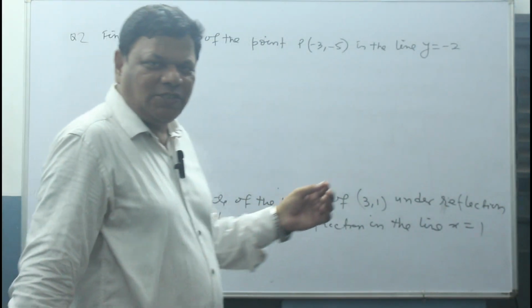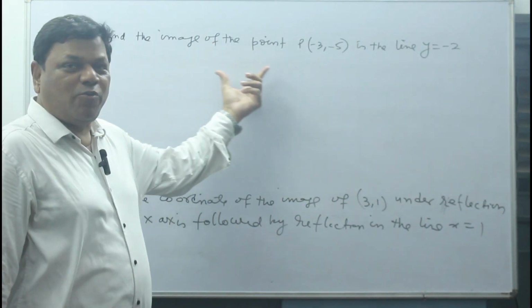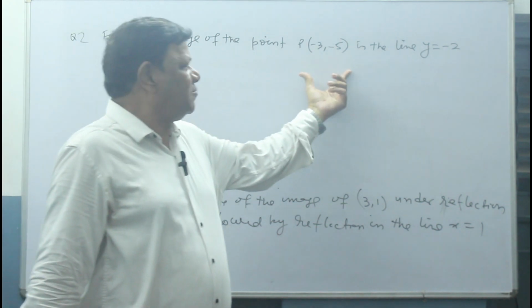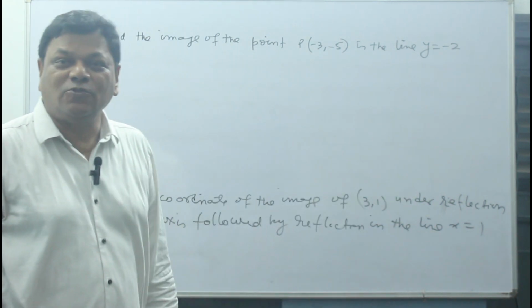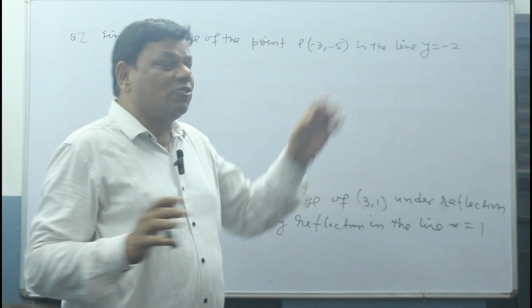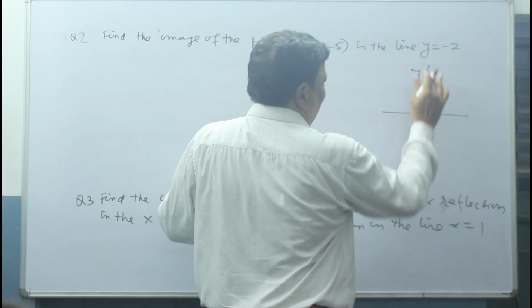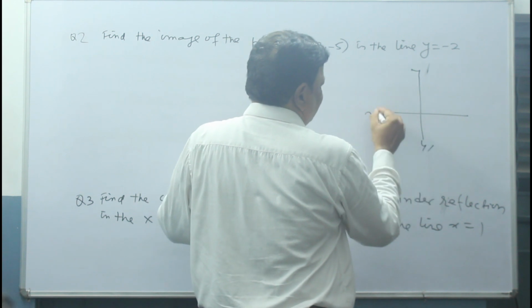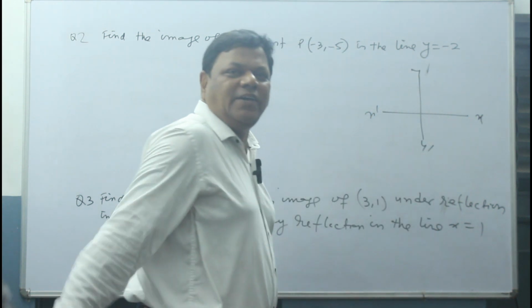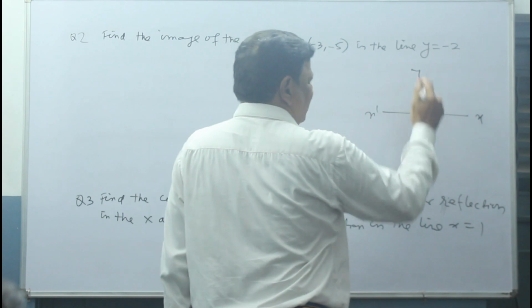Now this is another question. Find the image of the point minus 3 and minus 5 in the line y equal to minus 2. Now try to understand y equal to minus 2 means what? This is the axis y dash, x dash and x. Y equal to minus 2 where? This is y positive side and this is negative side.